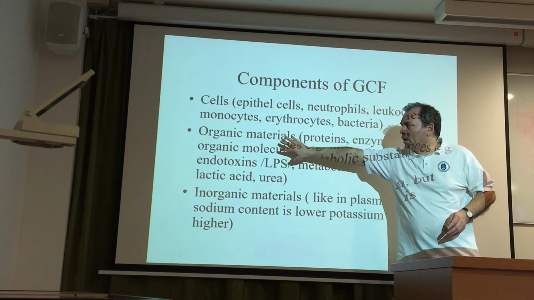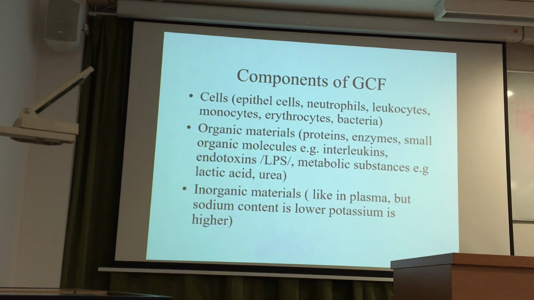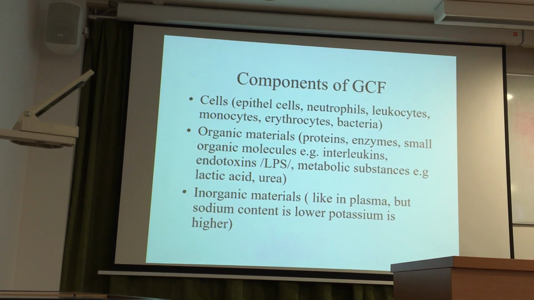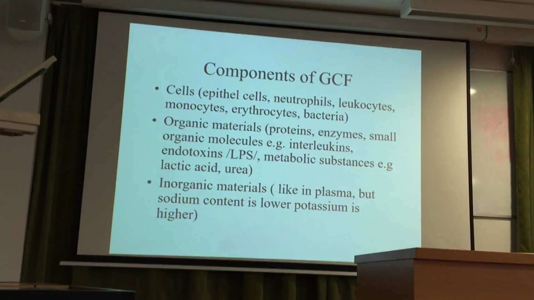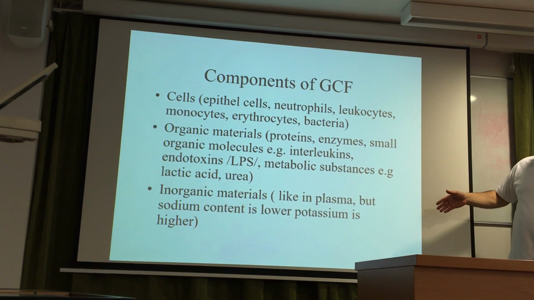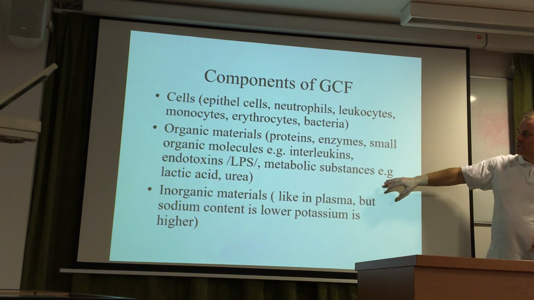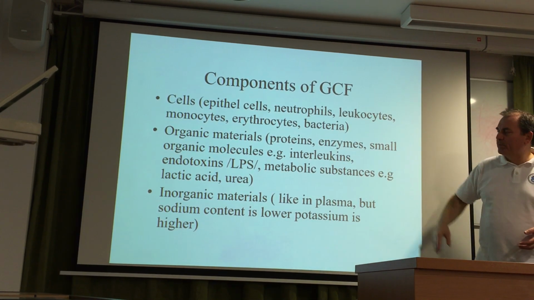And we have organic materials, proteins. The protein content is increased in inflammation because it becomes an exudate. And in the bacterial content, we have lipopolysaccharide inside the sulcus and other byproducts.